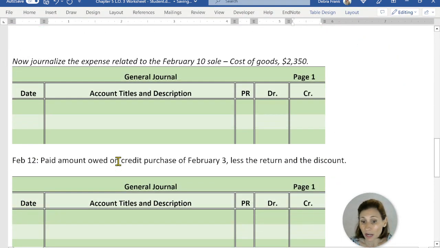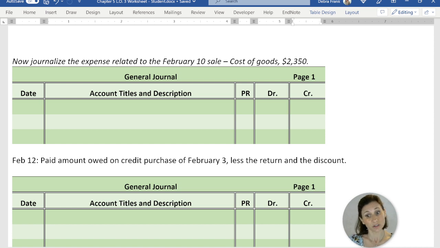Now we do the other half. So the other half now is to record the cost of that merchandise. So we sold merchandise, so this merchandise is gone off our shelves, off Archer's Spies shop's shelves. So they got to record that merchandise has left, and we're going to record an expense for that merchandise, which is our cost of goods sold.